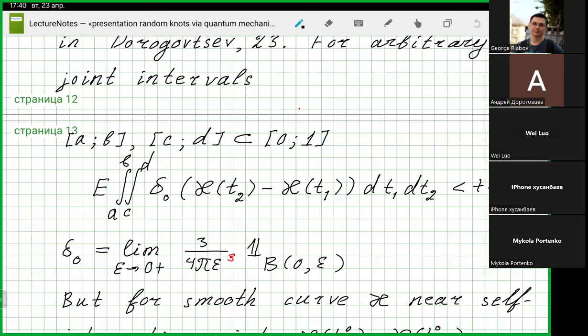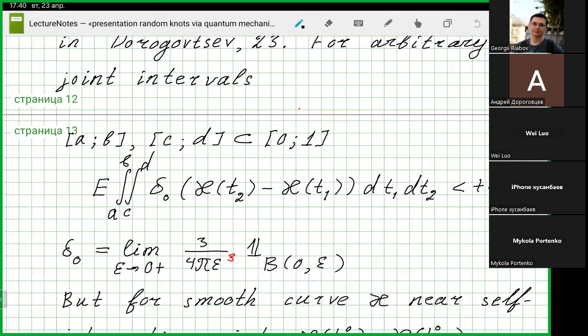Then the local time of self-intersection, with the delta function inside the integral, is nothing else than the limit of the corresponding integrals when we substitute this approximating sequence instead of the delta function.